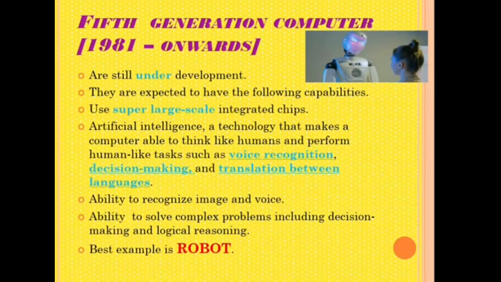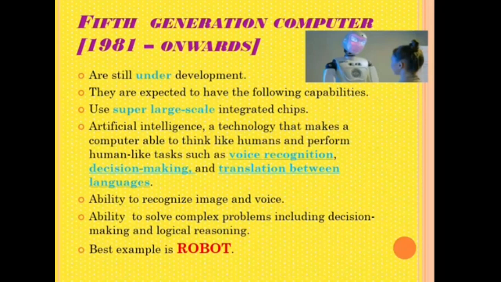Use super large scale integrated chips, and artificial intelligence, a technology that makes a computer able to think like a human. The machine will think like a human and perform human-like tasks: voice recognition, decision making, translations between languages.